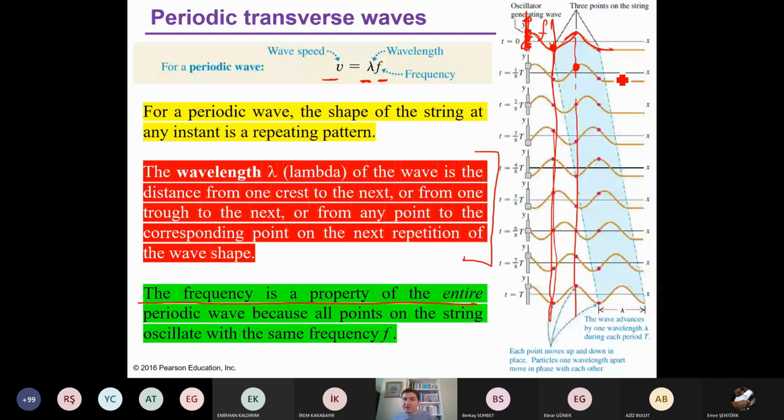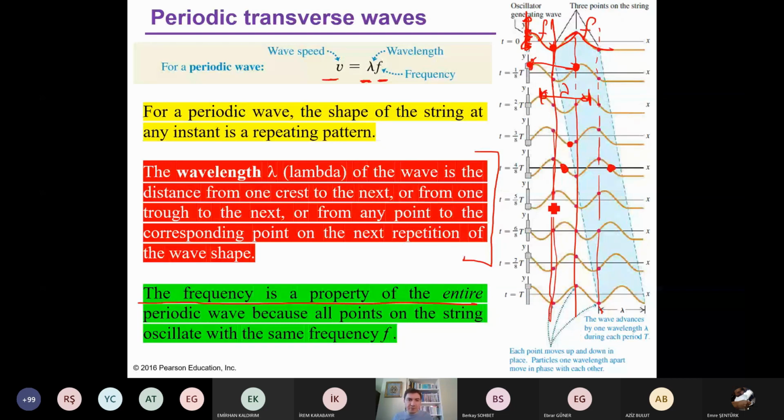And wavelength is this one. This is the wavelength, okay? From crest to crest, this is the wavelength. Or from trough to trough, this is the wavelength. Or from this position to this position, this is the wavelength, okay?